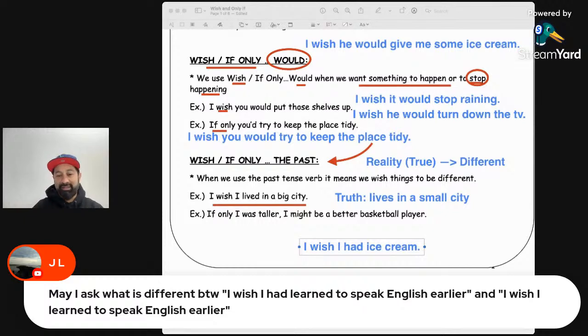You didn't study. So you wish you could change the past. So in that situation, I wish I had learned to speak English earlier. If we just use past tense, you just want to change the reality. I wish I could speak English. So if we're talking about earlier, regret, grammatically, the first sentence is correct.